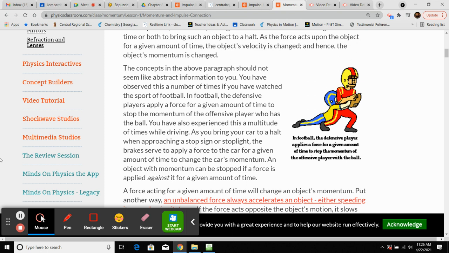Instead, you kind of give with it. As you're catching it, you move your hand back with it a little bit. A lot of times they'll do that into a throwing motion. So why is that? You're changing the momentum from whatever it was to 0. But one takes longer, and the one that takes longer hurts less.